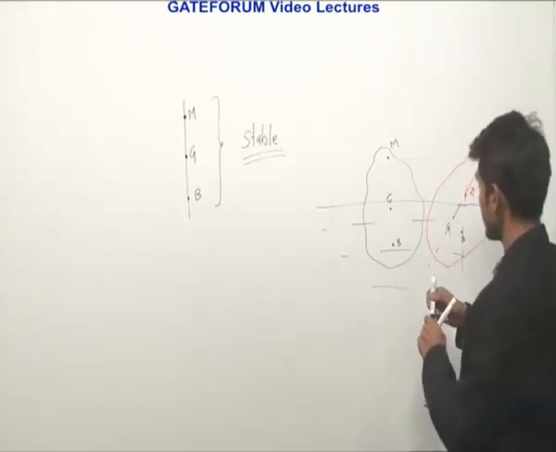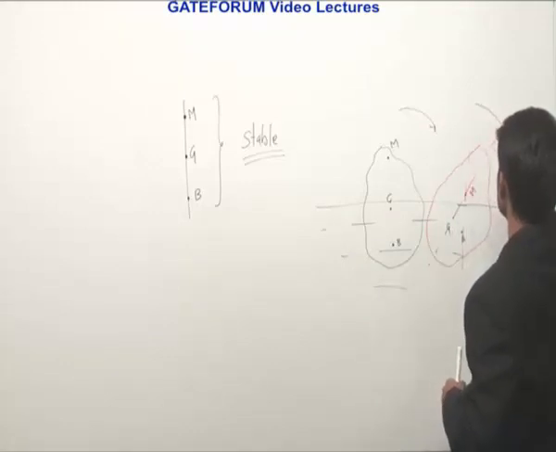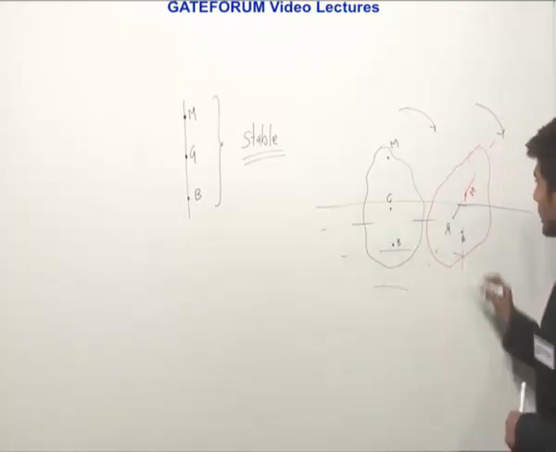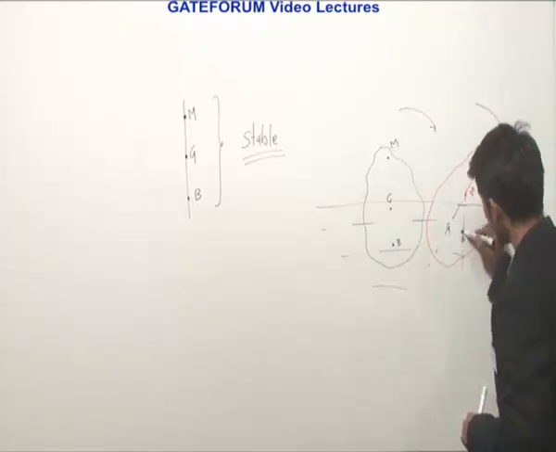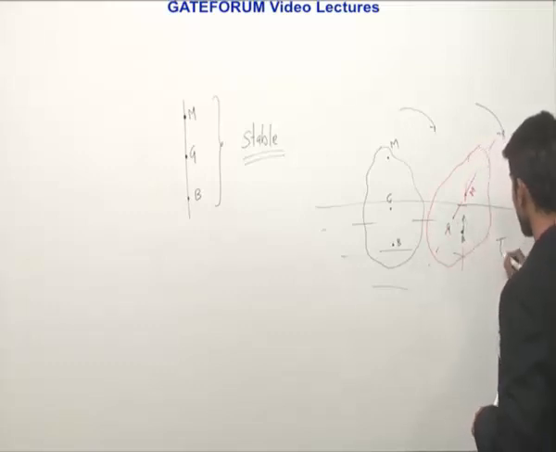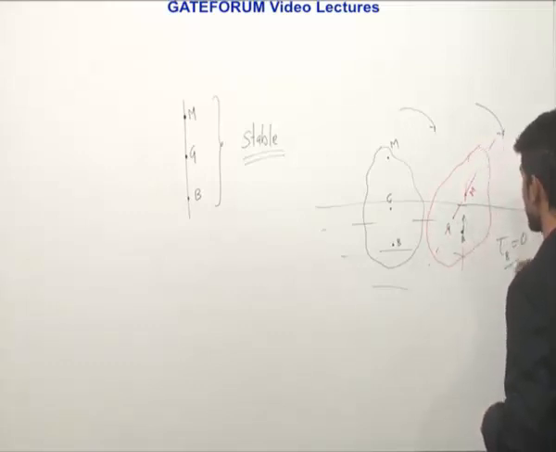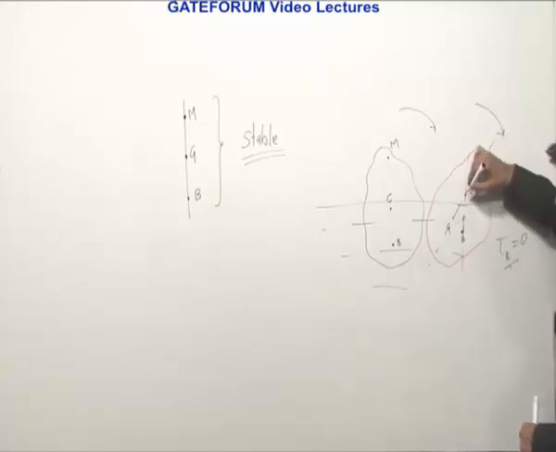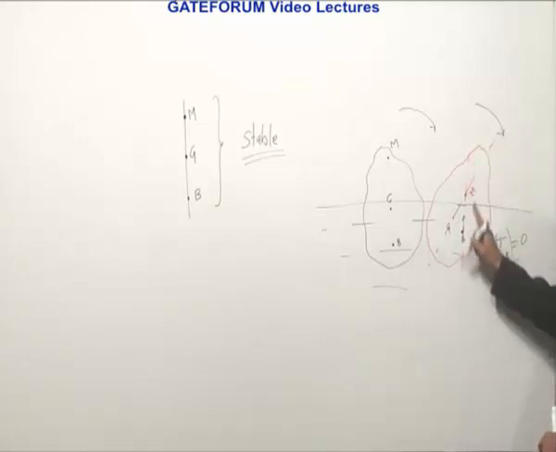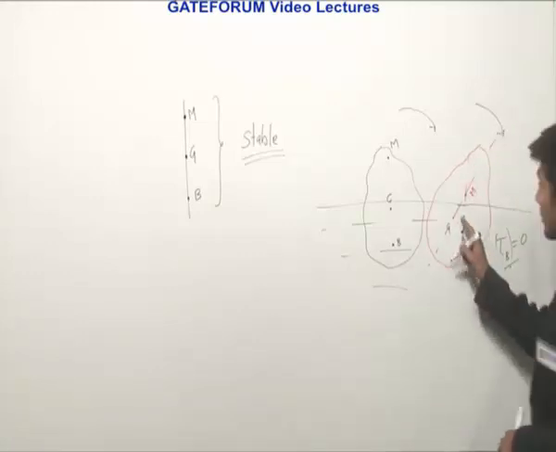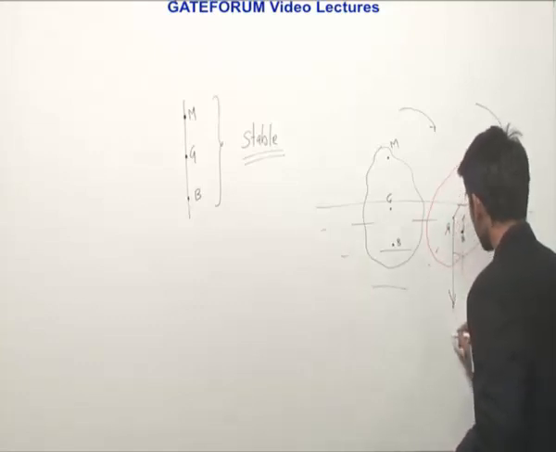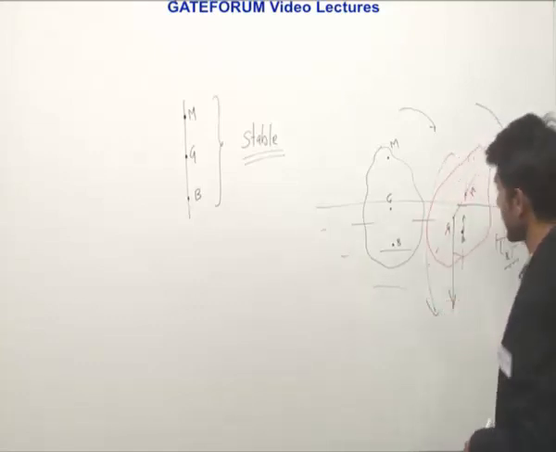If we have tilted this body in this particular direction, then due to buoyancy there won't be any torque. So torque due to buoyancy is 0, because about the metacenter the torque is 0, as the force line is passing through the metacenter. But torque due to gravity is in the opposite direction.